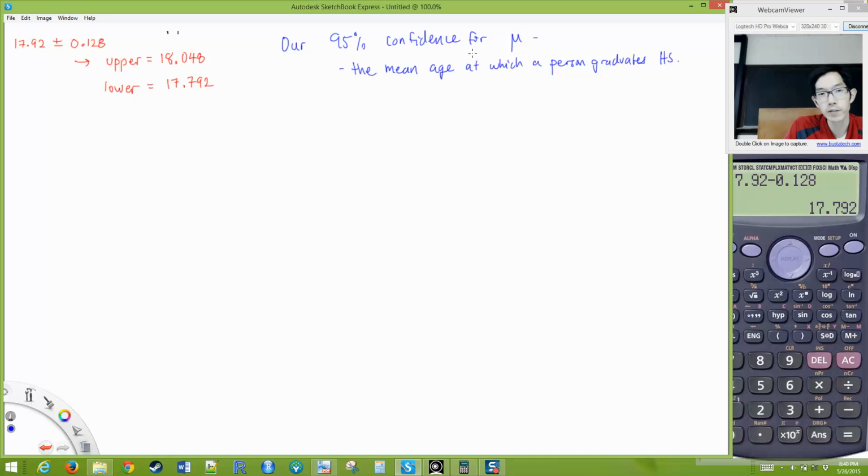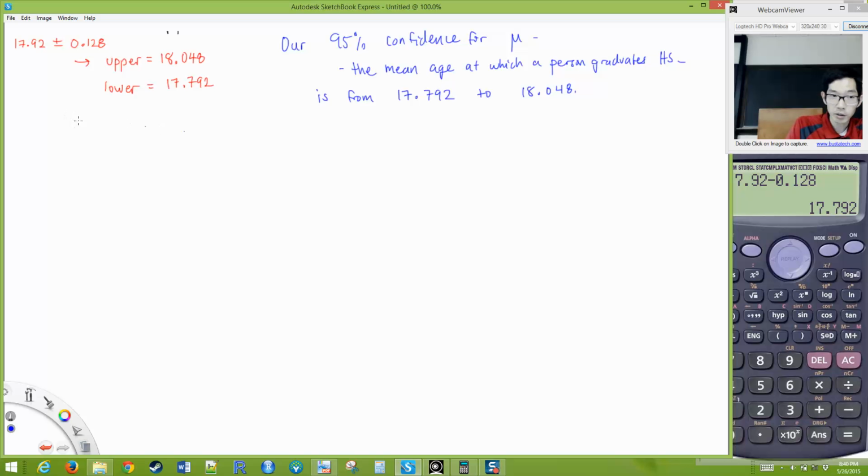So our 95% confidence interval for mu, the mean age at which a person graduates high school, is from 17.792 to 18.048.